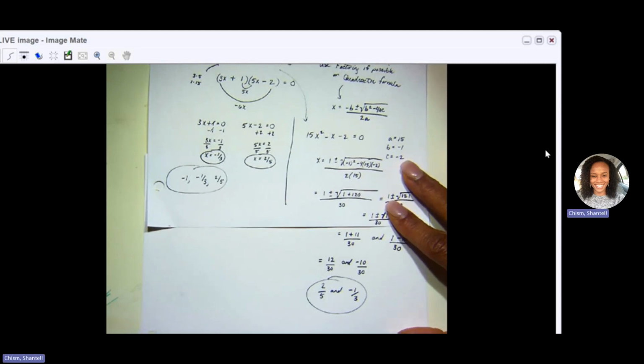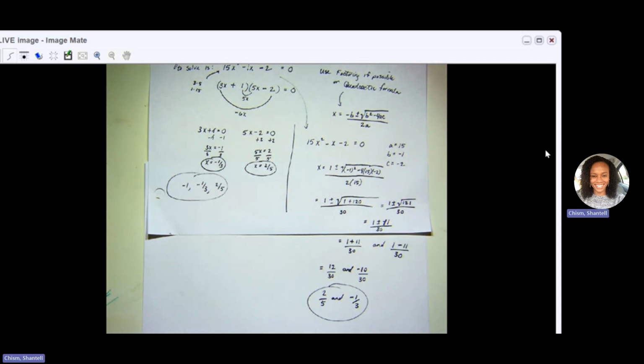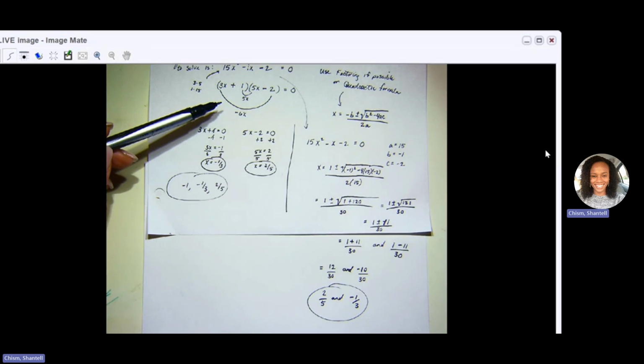I'll zoom back in a minute, okay? So again, two options to solve a quadratic equation. You can factor it using trial and error factoring, or you can use the quadratic formula. But do you see how much faster using factoring was? Okay, keep that in mind.